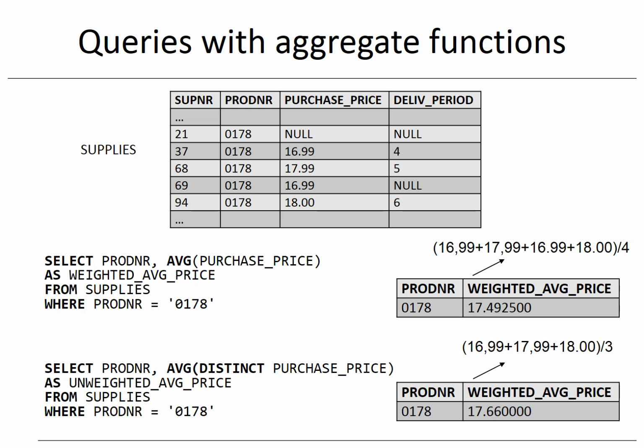More specifically, since supplier number 37 and 69 both adopt a price of 16.99, this price will be counted twice, resulting in a weighted average price of (16.99 + 17.99 + 16.99 + 18) divided by 4, or 17.4925.